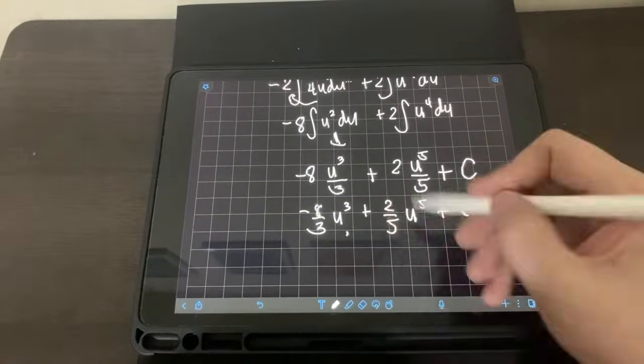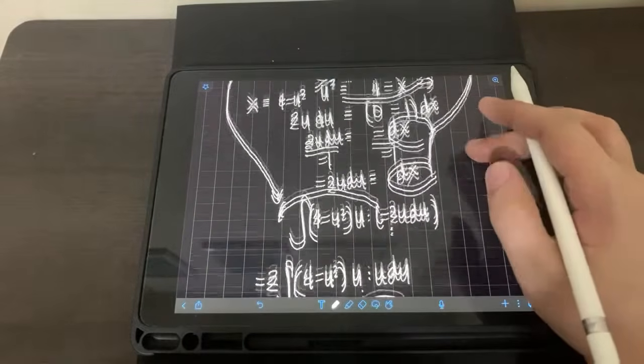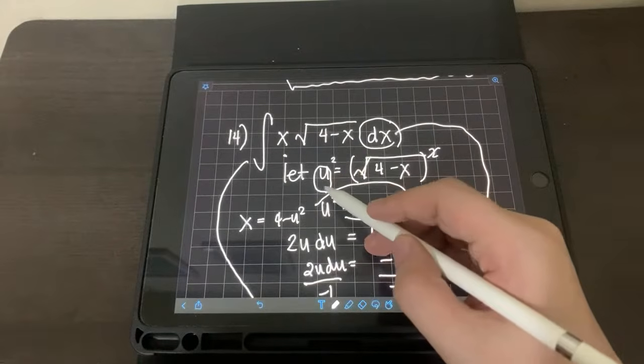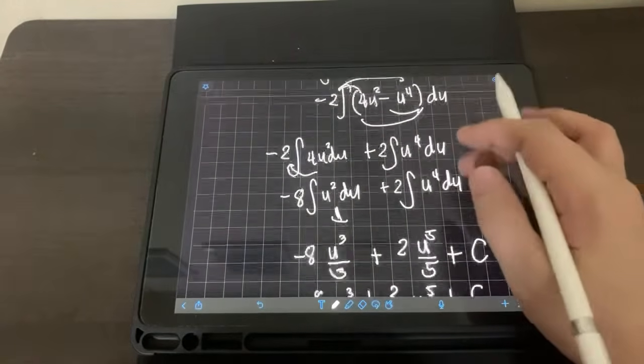And then don't forget, transform back the u in terms of x. So the substitution is u is equal to the square root of 4 minus x, right?